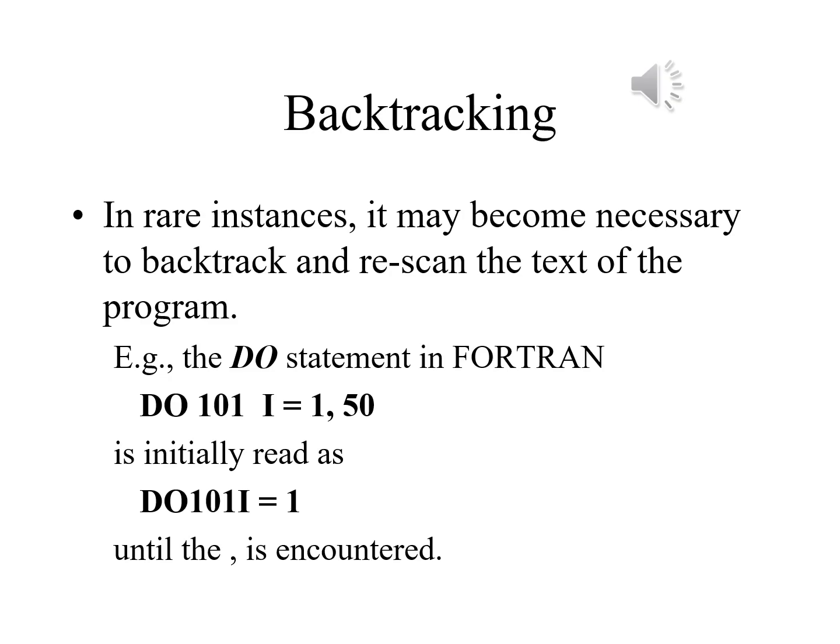The problem is that if you are ignoring the blank spaces, it reads as if the variable is DO101I, and you are assigning it the value of 1. It is only when you run into the comma that you realize you have gone too far. In that case, they would go back and scan just the DO, then scan for the statement number, then for the index variable, the equal sign, the start value, and the final value.